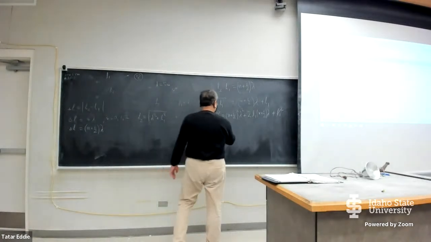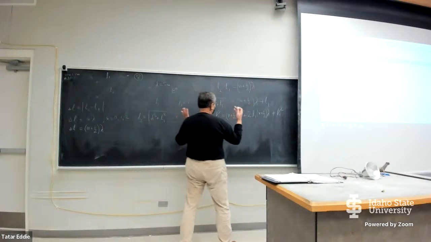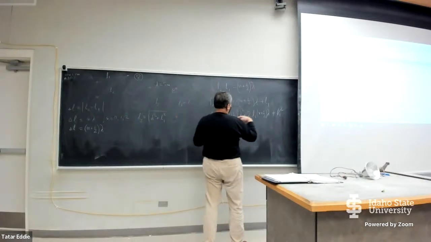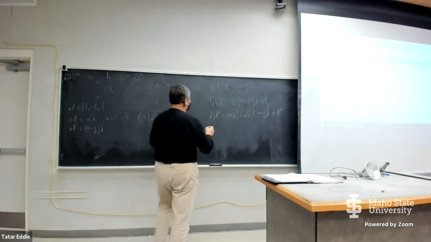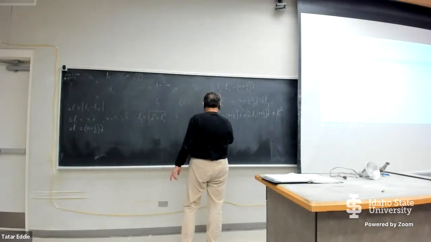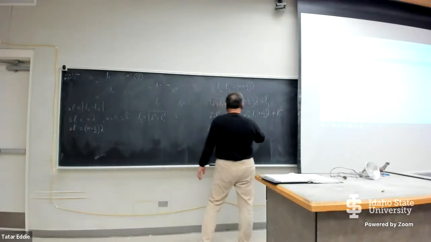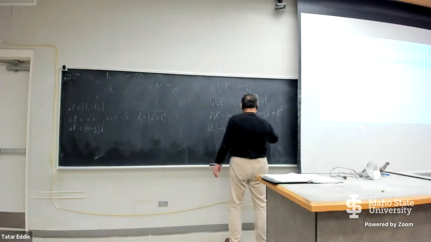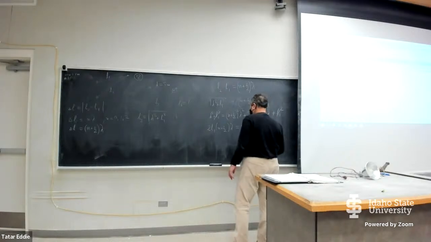So you're going to get that, let's say, move everything that doesn't contain the unknown on one side, everything that does contain the unknown on the other side of the equation, and you're going to have 2 times L1 times (n plus 1/2) times lambda is equal to (n plus 1/2) squared lambda squared minus d squared.